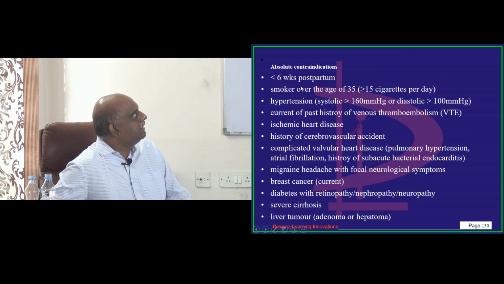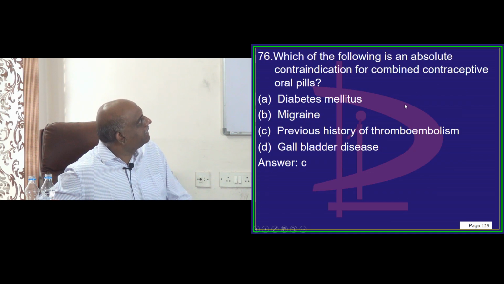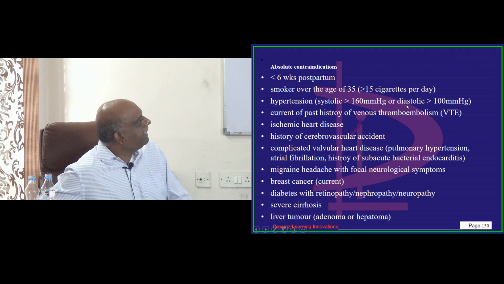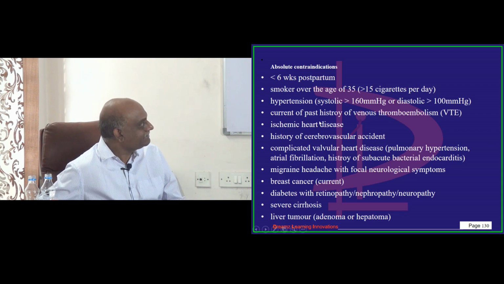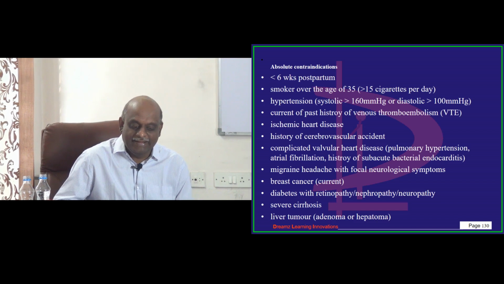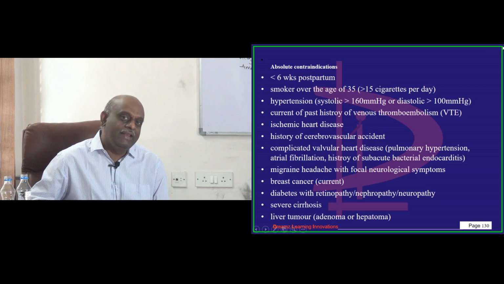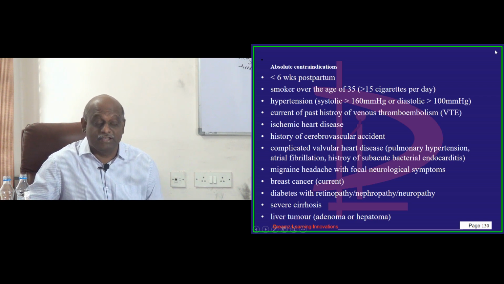So you should remember, less than 6 weeks postpartum, smoker, hypertension, past history of venous thromboembolism, current or past history, it is considered to be an absolute contraindication. Similarly, ischemic heart disease, history of cerebrovascular accident, diabetes with retinopathy, severe cirrhosis, liver tumors, they are all considered to be absolute contraindications.